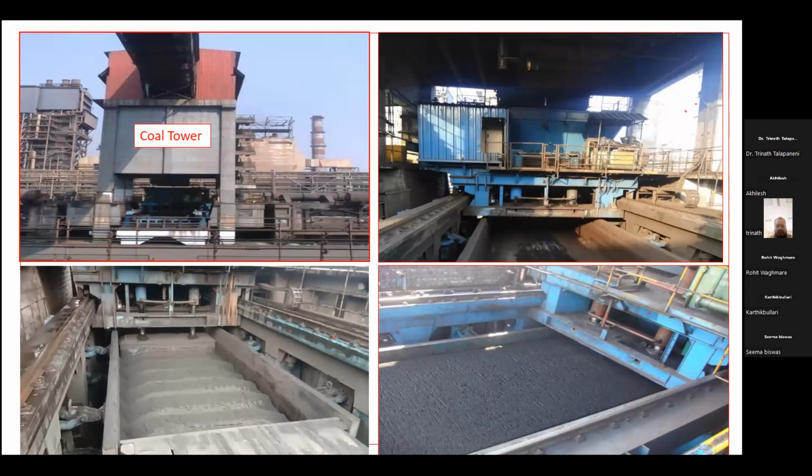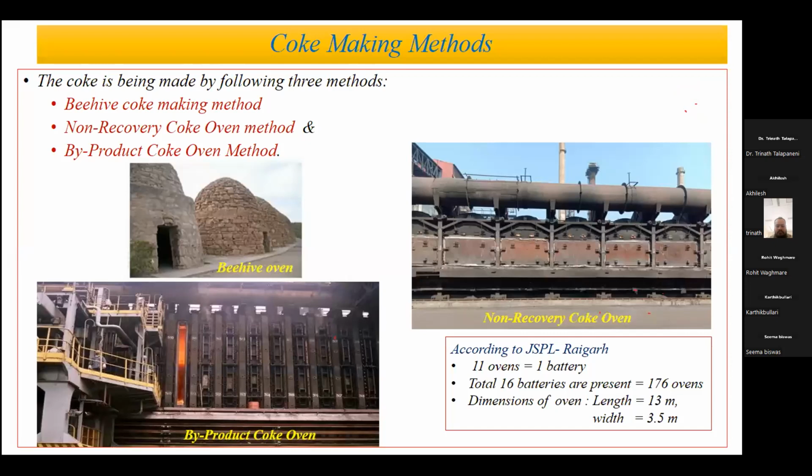Like this, layer by layer charging of coal and stamping takes place simultaneously, and finally you end up with a coal cake like this. 50 tons of coal cake is formed through this coal stamp charging process. And the coal which is prepared will be charged inside the oven.